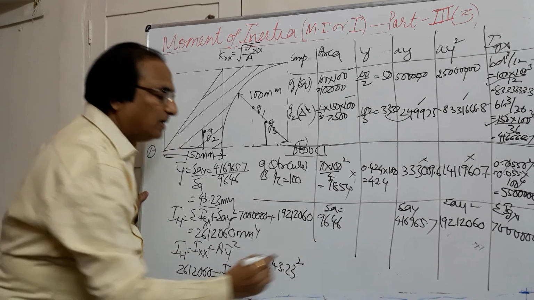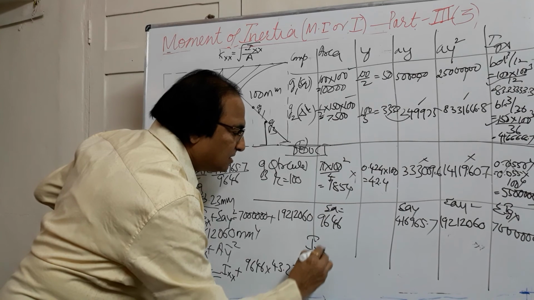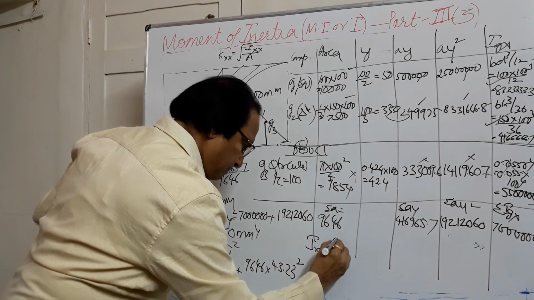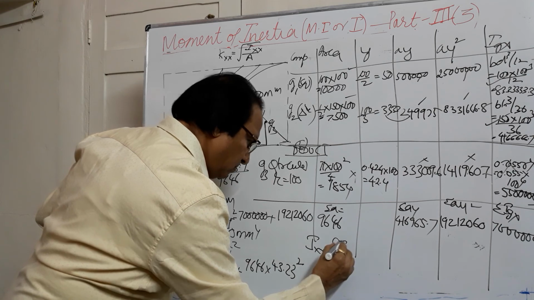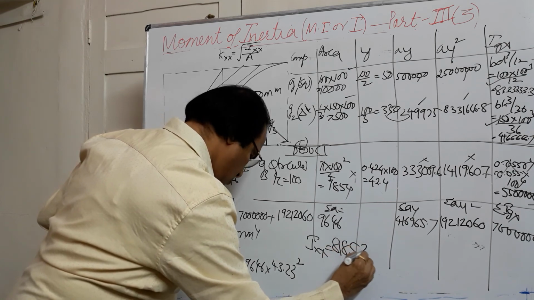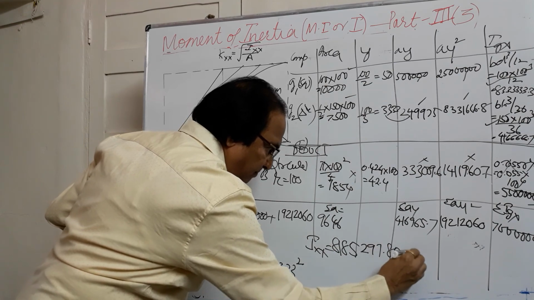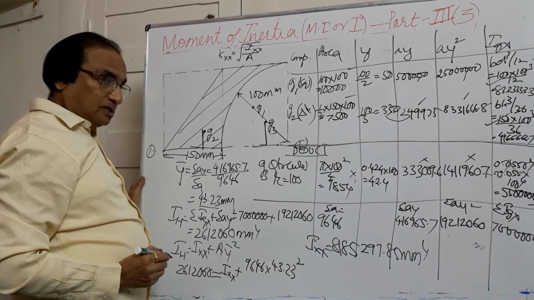Don't forget to square. You get Ixx equal to 8185297.85 mm raised to 4. So this is the moment of inertia.